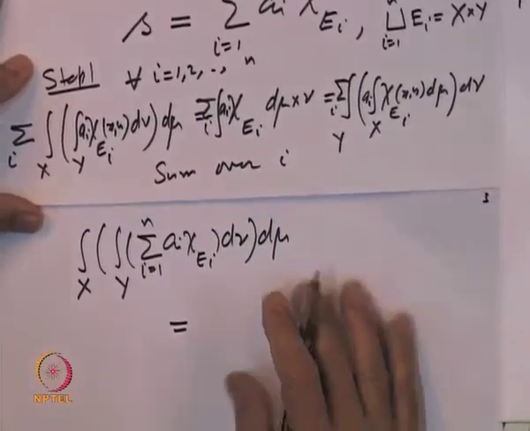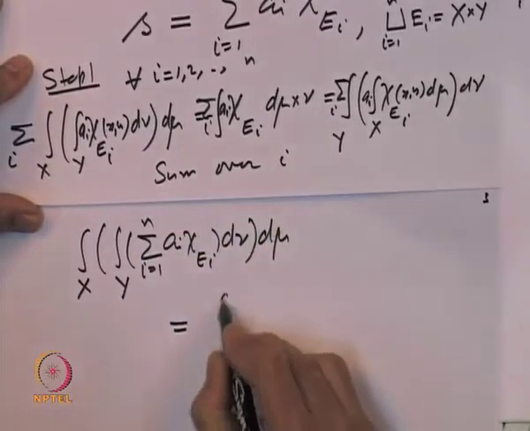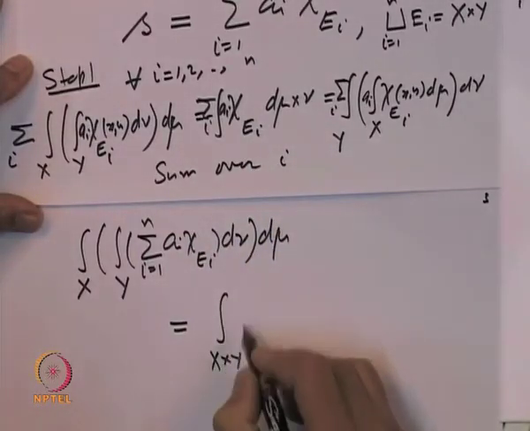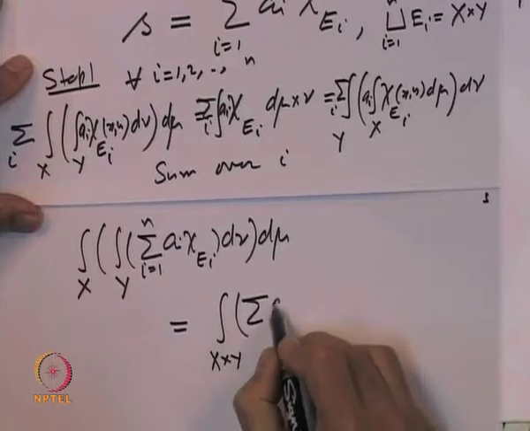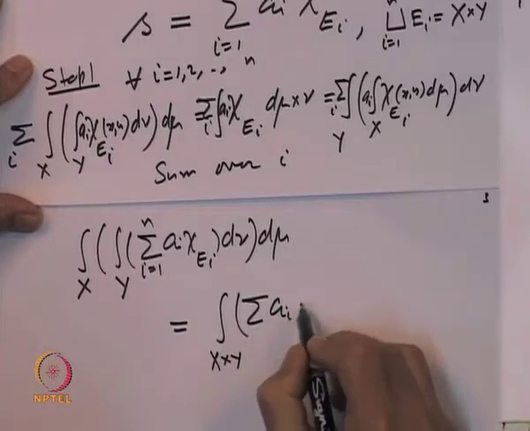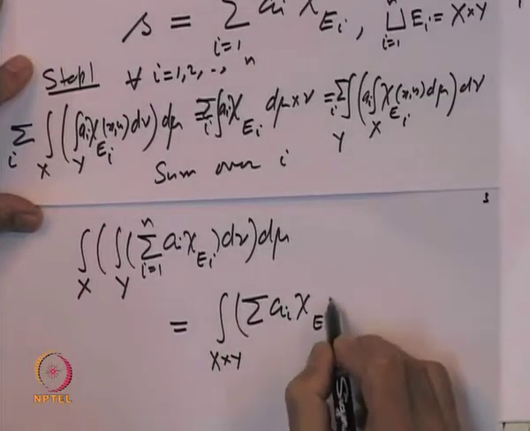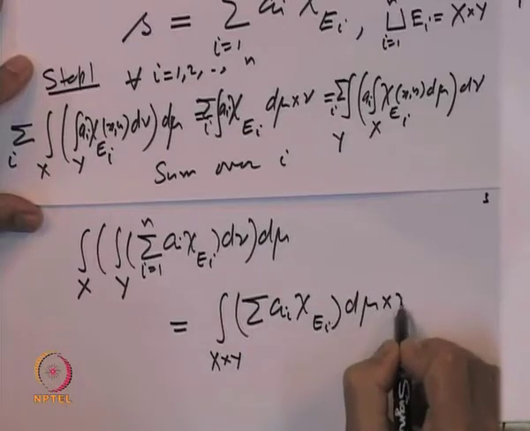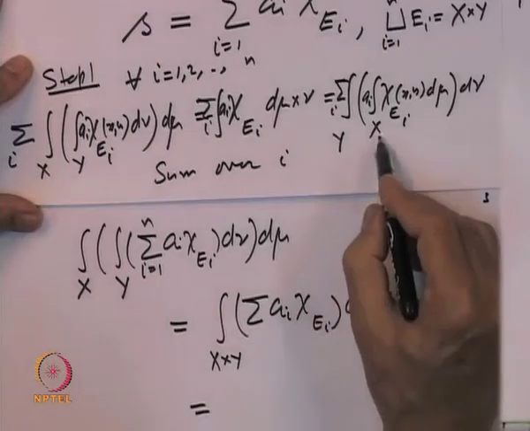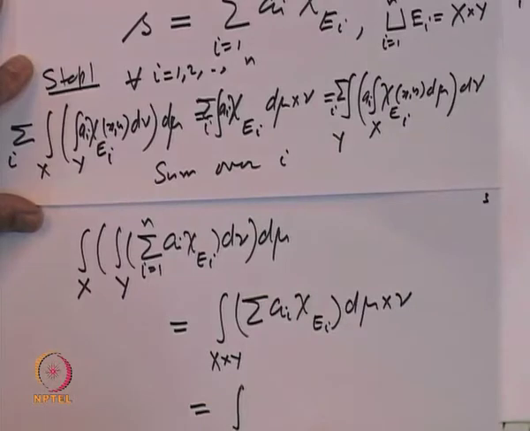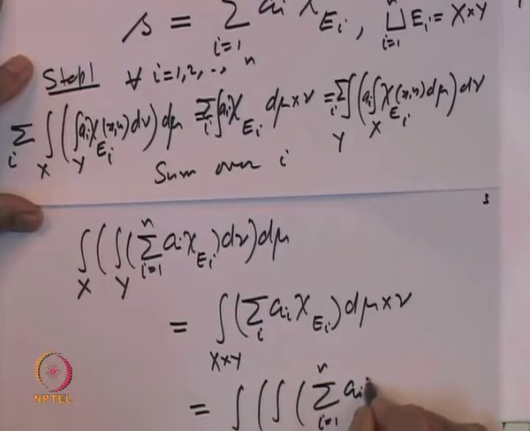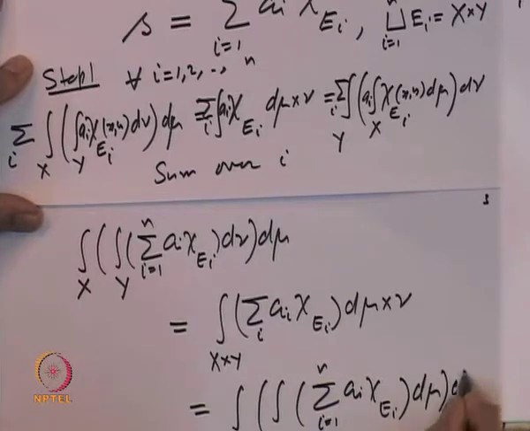That is equal to the integral over X cross Y of the summation of a_i times the indicator function of E_i d mu cross nu, and the last one will give me the integral over Y, integral over X of the summation i 1 to n of a_i times the indicator function of E_i d mu d nu.